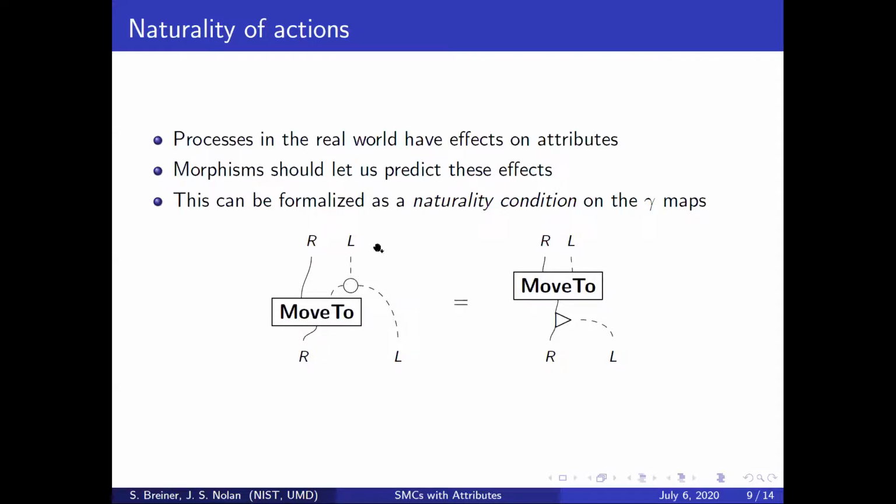So for example, this right here tells us that if you move to a location, then the location you end up at is the location you move to. And we should be able to, in some way, predict how these morphisms are going to affect the attributes in question. And this can all be tied up into a naturality condition on these maps.